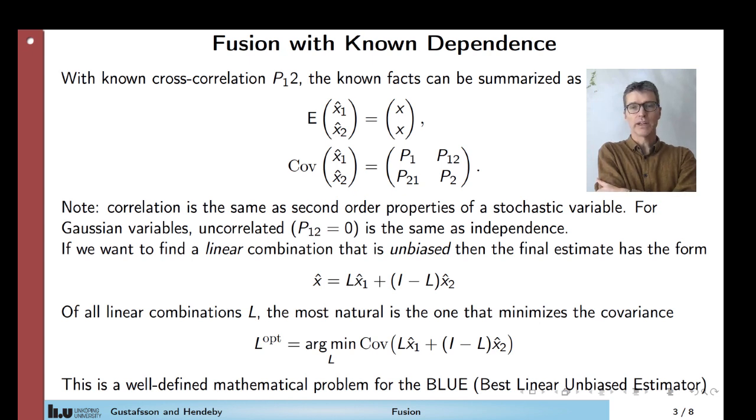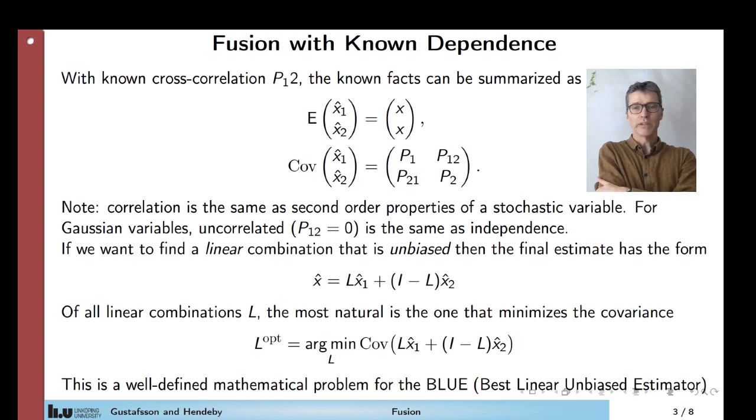So now we want to find a linear combination of the estimates that is unbiased. So we can postulate an estimate of the form L times x hat 1 plus (I minus L) times x hat 2. By construction, this estimate will be unbiased.